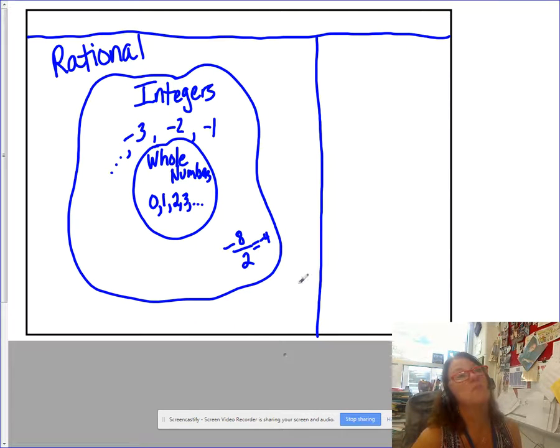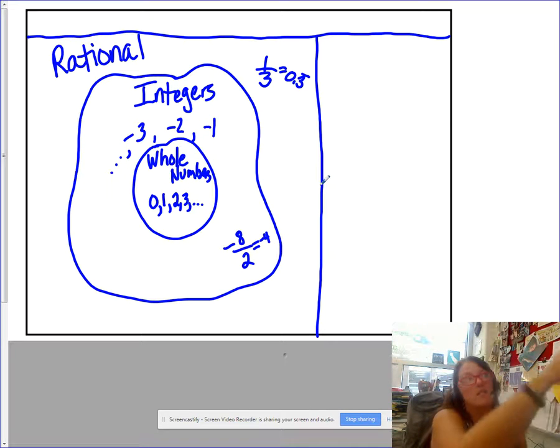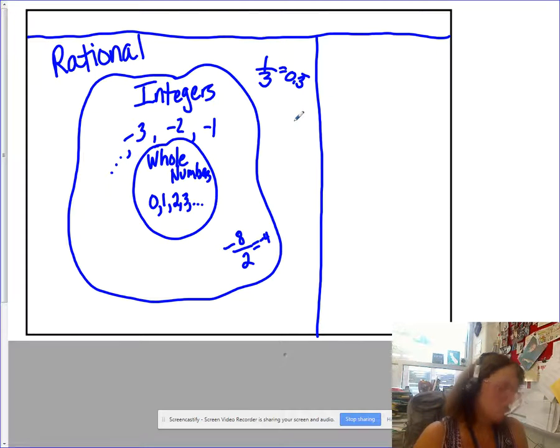I could put something like 1/3. 1/3's a fraction. It also could appear to us as its decimal equivalency, so that's 0.3 repeating. That would be in this rectangular box region. It wouldn't fit as part of the integers. It's not a whole number because it has this fraction or decimal component to it.